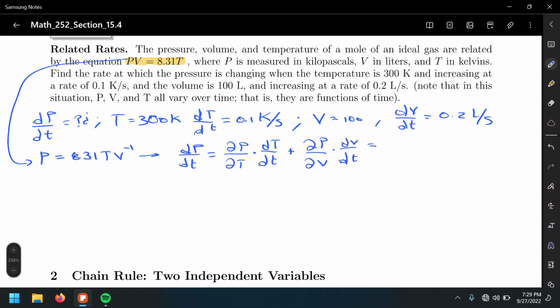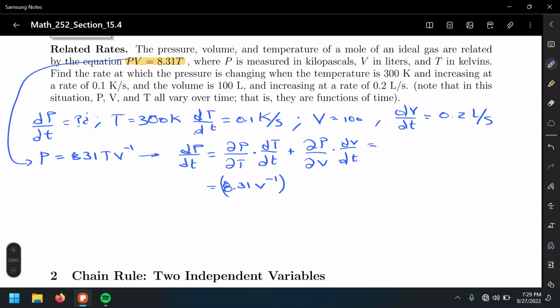All right? So what do we need to do? Number one, let's find the partial derivative on the given function. So in this case we have P equals 8.31 T V to the negative 1. We want to differentiate with respect to the temperature. So what's the derivative of just T? Isn't that just 1 times every multiple constant, which would be 8.31 V to the negative 1.